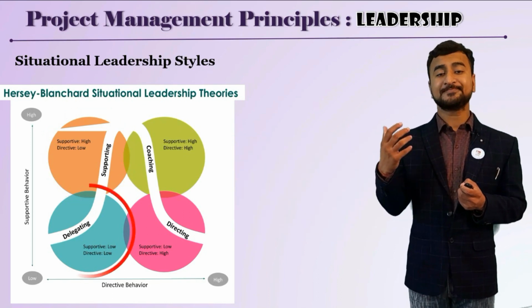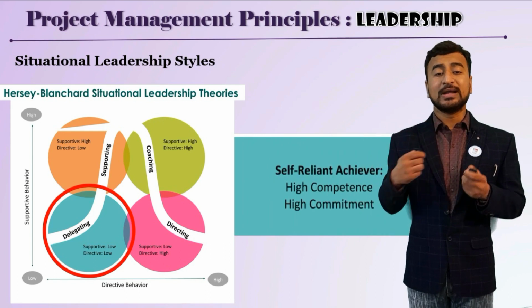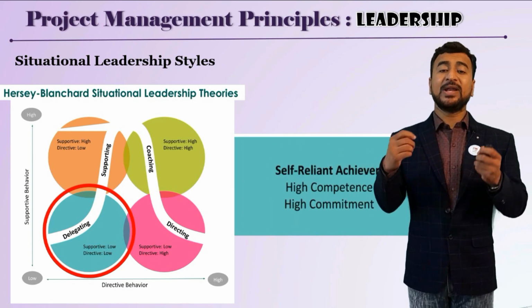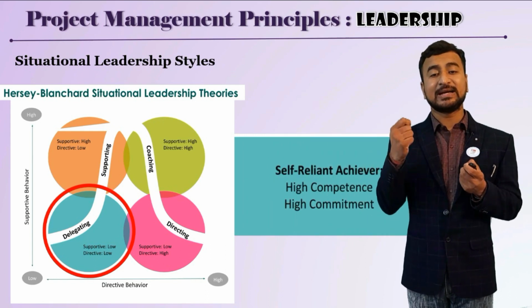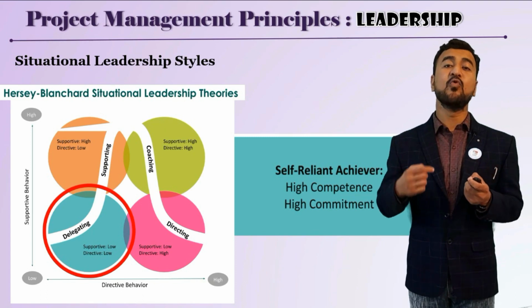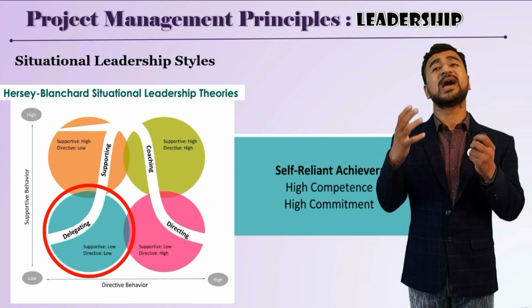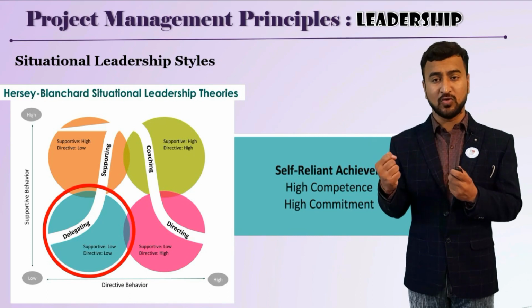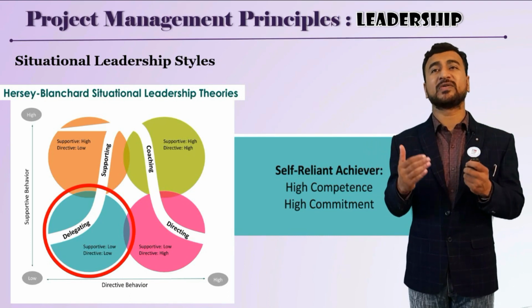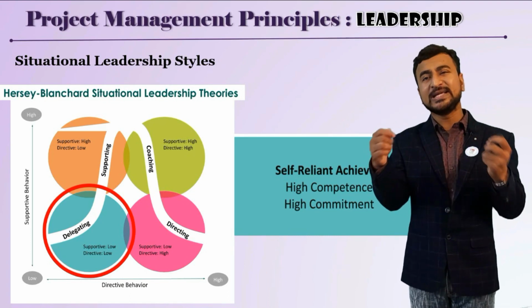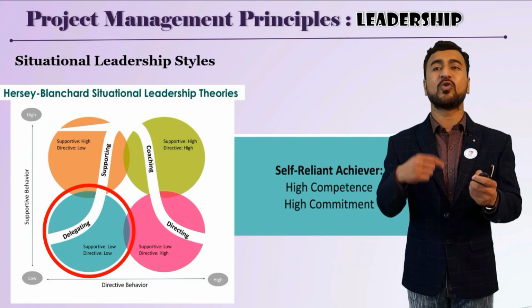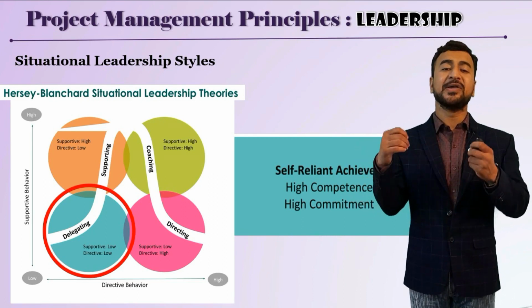And the fourth one we call delegating. When you have self-reliant achievers, a team who have very high competency and are highly committed to the goal, at that time it's not required for you to be involved in each and every small step or do micromanagement.